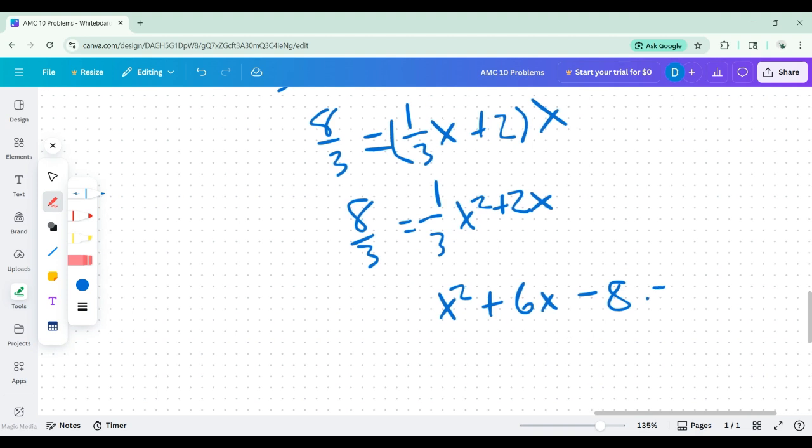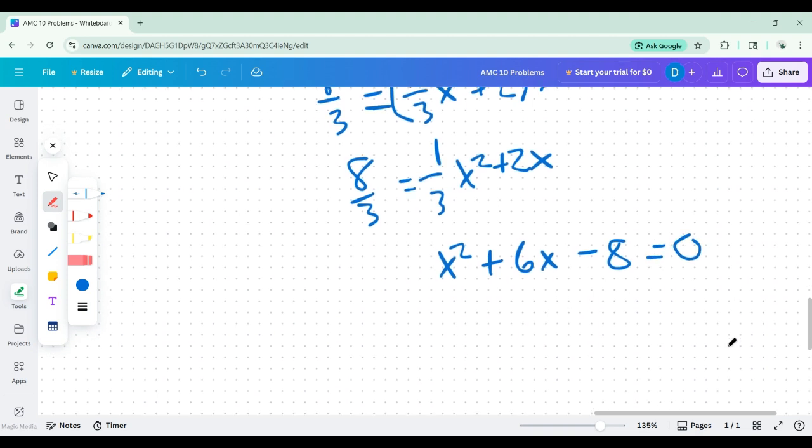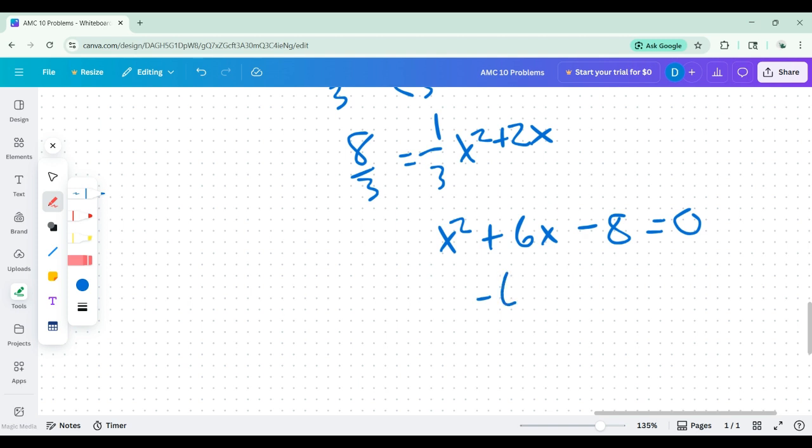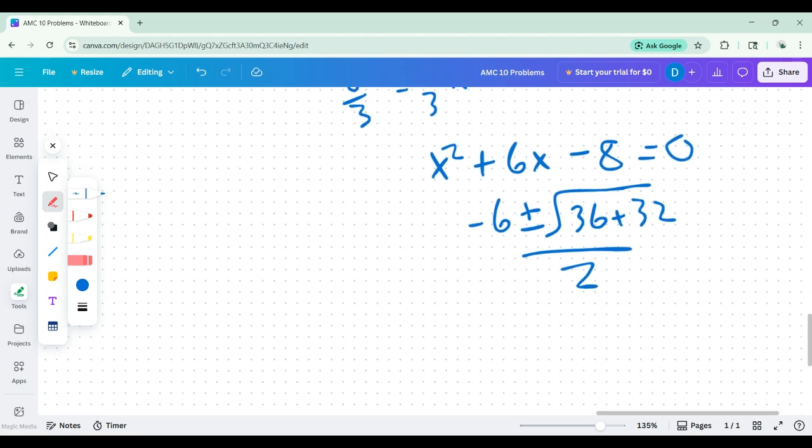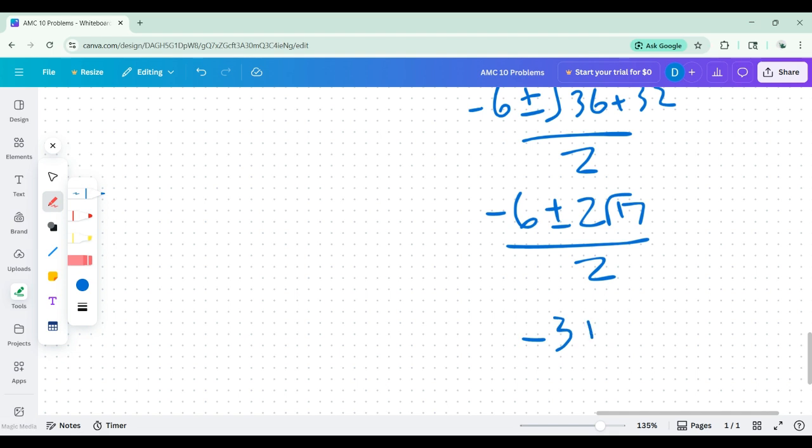And this is set equal to 0. We use the quadratic formula. Hopefully I didn't calculate anything wrong. Divided by 2. And then we have 2 root 17 plus minus 6 divided by 2. And we divide by 2 out.